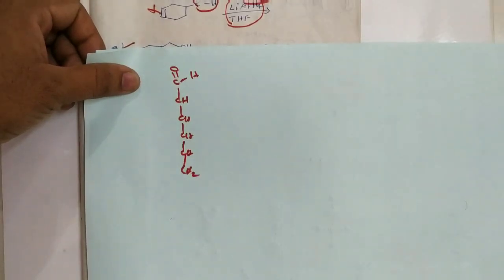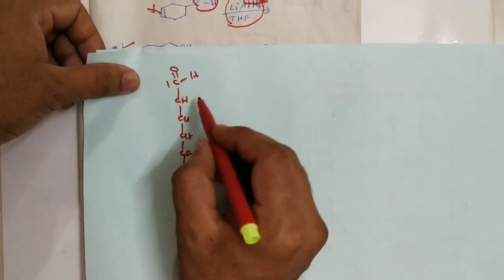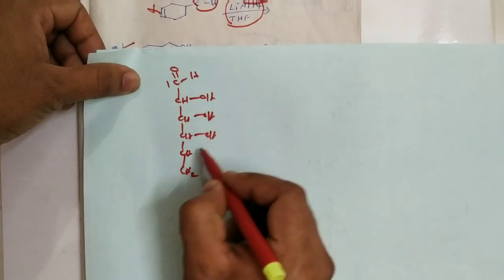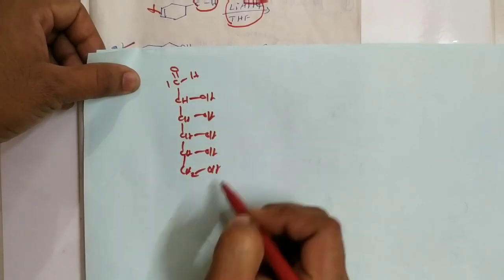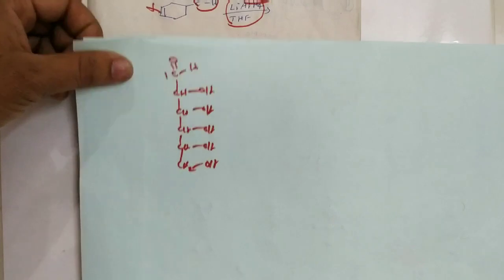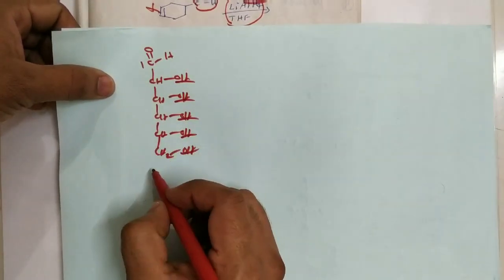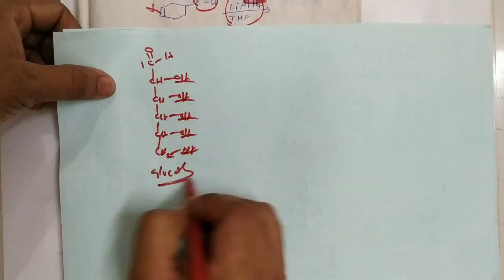So hexanal has 6 carbons, the first carbon is the aldehyde, then 2, 3, 4, 5 and 6. In this case, how many hydroxy groups? Actually 5 hydroxy groups. Actually it is nothing but glucose. I have given the IUPAC name of glucose.